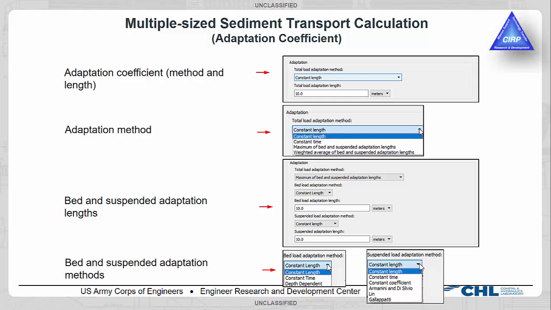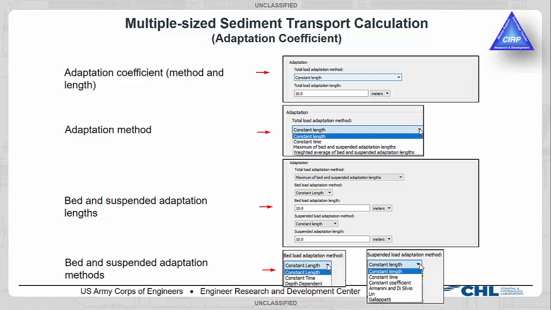So next, I'm talking a little bit about the adaptation coefficient, alpha t, early on. Physically it is related to adaptation length and adaptation time, right? And adaptation length depends on the grain size.